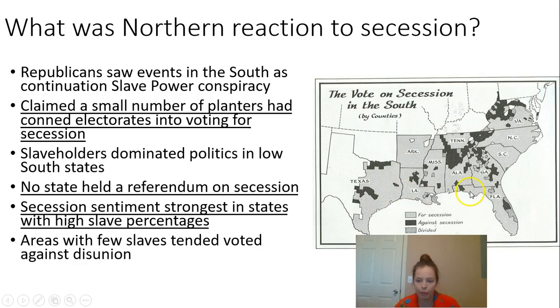And so we'll see in this map here, the darkest color is going to be areas that were against secession. And so we see that it's mainly concentrated in the Upper South. When we get into the Lower South, we see a majority is going to be for secession because they were way more deeply connected with slavery and with plantation agriculture.